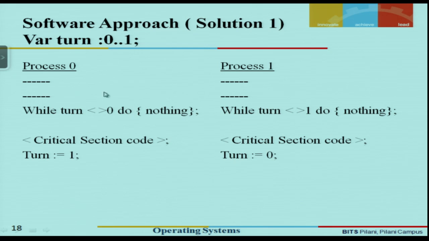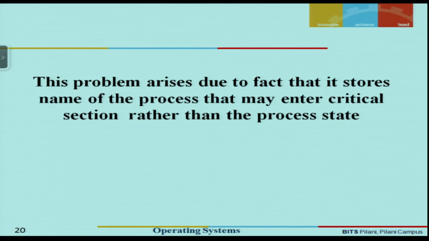We can see that the solution at first look would look good, but analyzing a bit deeper, we find that these solutions are not meeting our requirements, or they are meeting only one of the requirements, that is mutual exclusion, but there are other problems they can have. So the question is, why has this solution not worked?